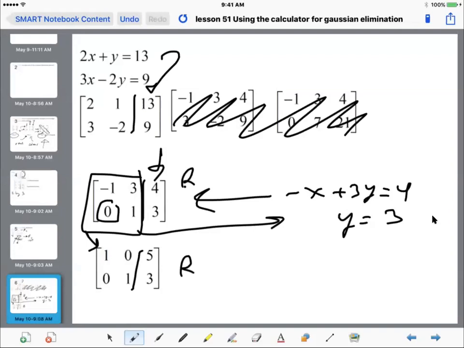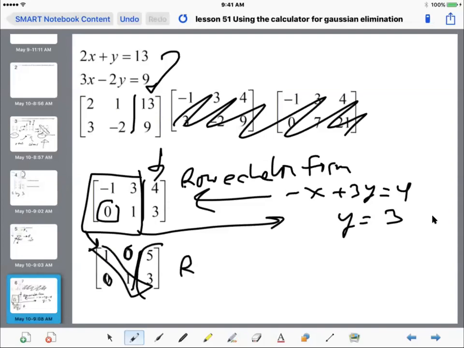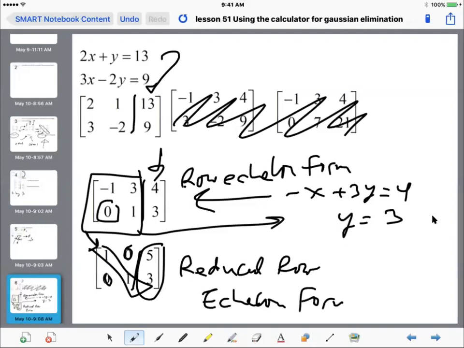This one is called row echelon form, if it's upper triangular. And if it's got 1s down the diagonal and 0s everywhere else, then it's called reduced row echelon form. So we have a couple of definitions there.